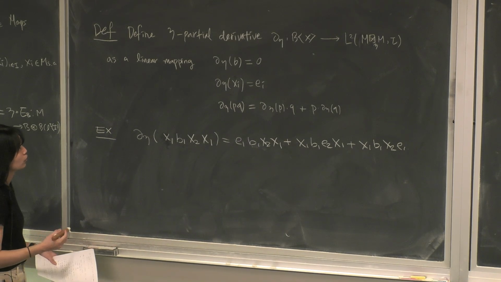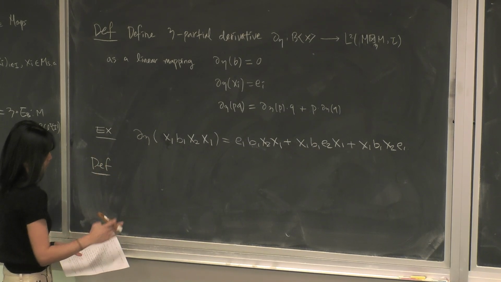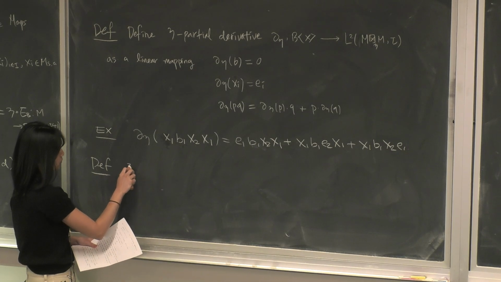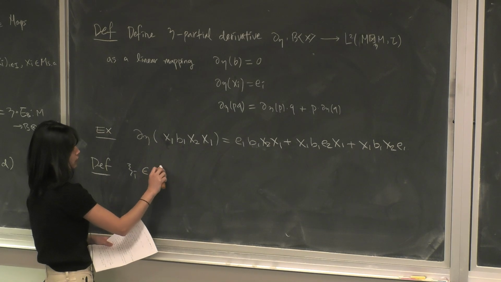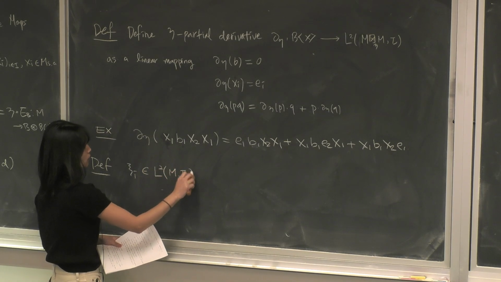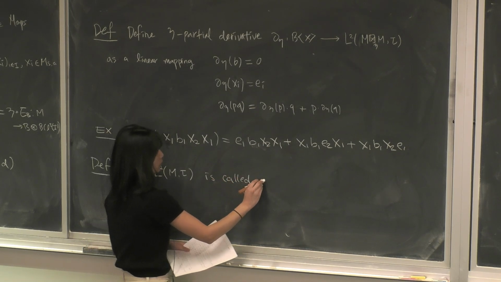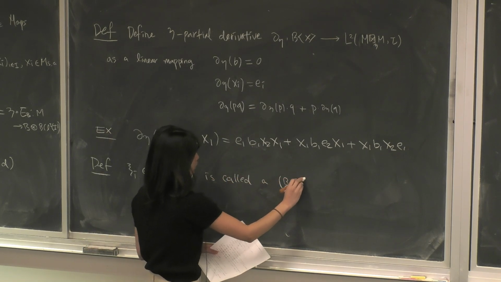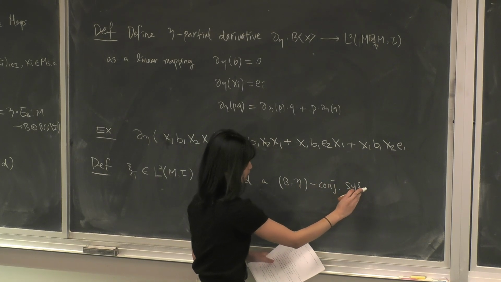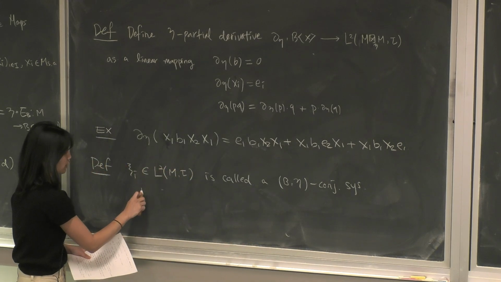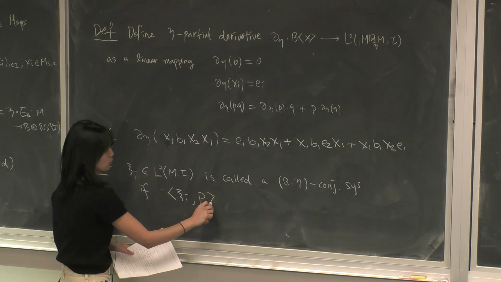Using this new eta partial derivative, we define a conjugate system. Xi in L2 of (M, tau) is called a B-eta conjugate variable if it satisfies the integration by parts formula.